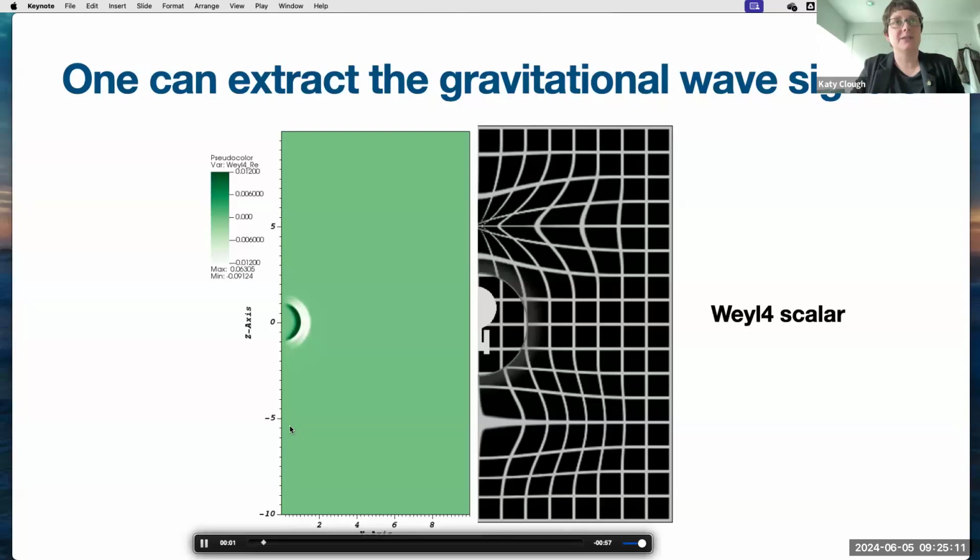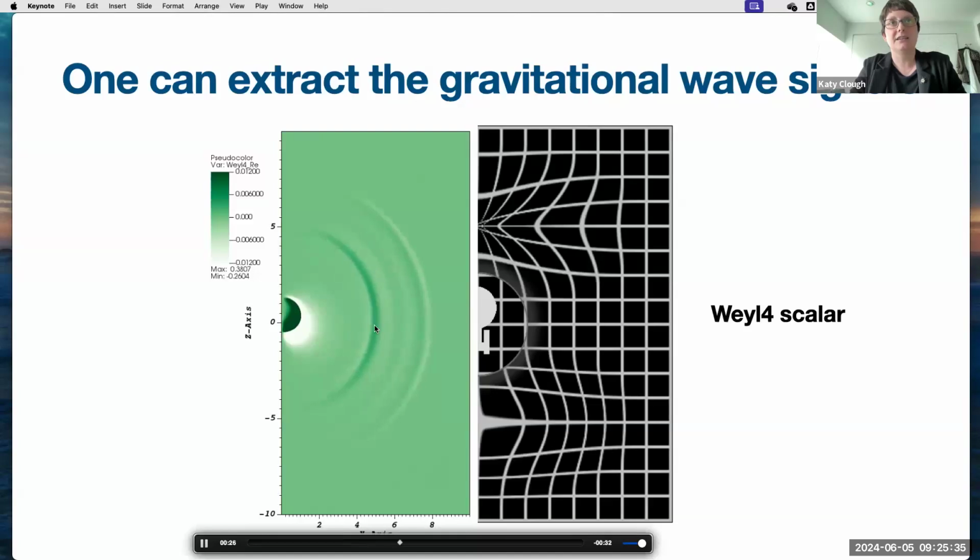So let me play this as well. It's a little bit delayed compared to the extrinsic curvature. That's why I said that the extrinsic curvature is mostly a gauge effect and not necessarily physical gravitational wave content. So you see these dark and light stripes.